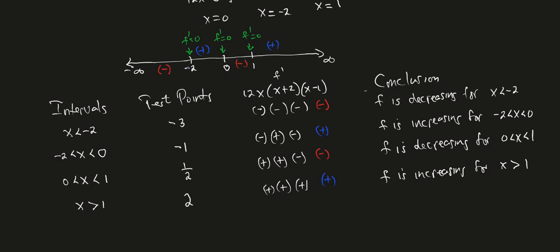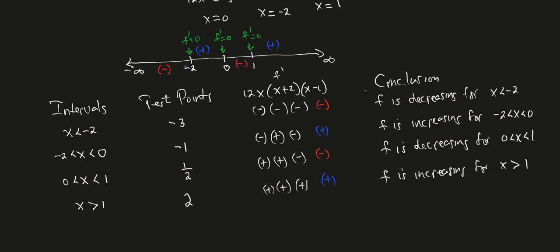So again, the green points are the points where the derivative changes from a negative sign to a positive sign, or a positive sign to a negative sign, right? So these are specific points where the derivative is equal to 0. But then the other parts of this number line are entire intervals on which the derivative is either negative or positive, right?